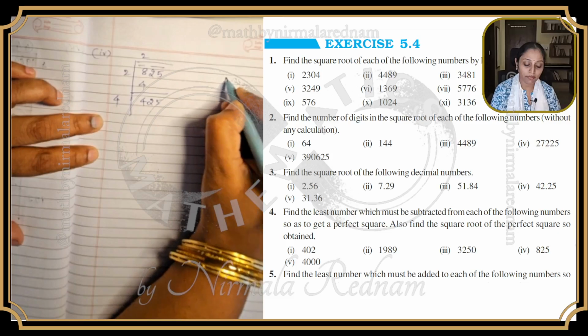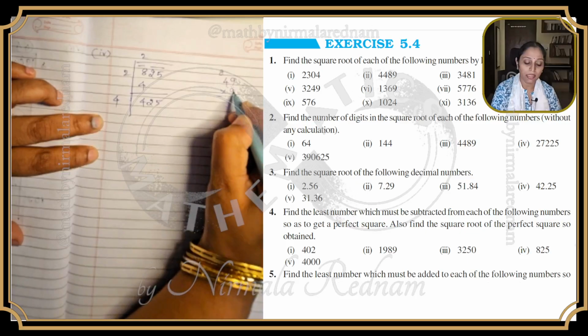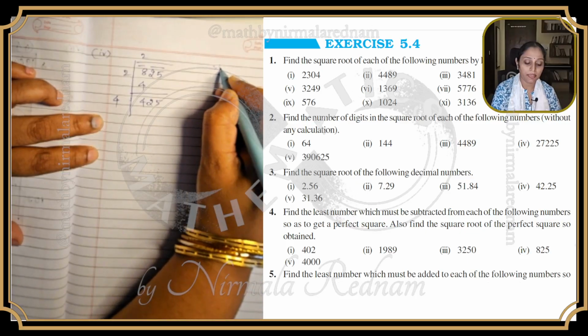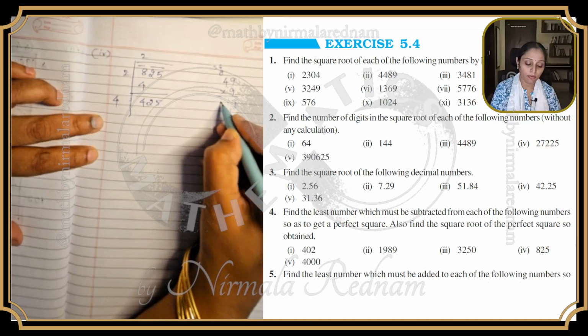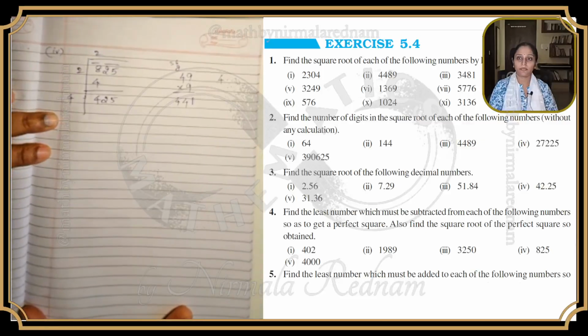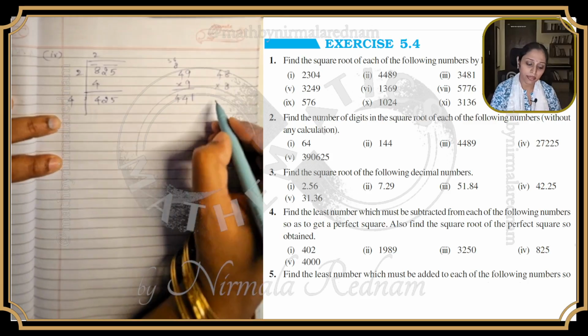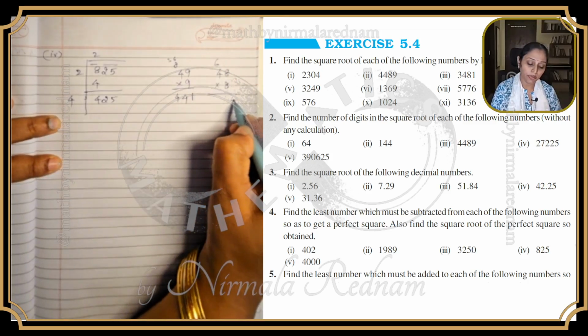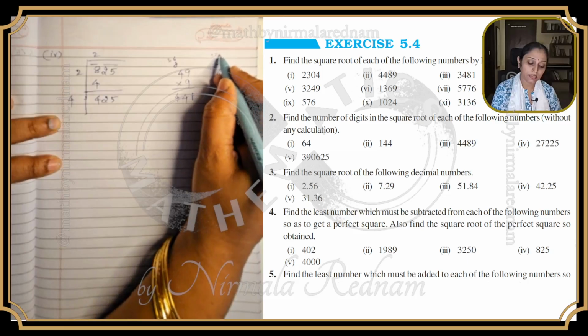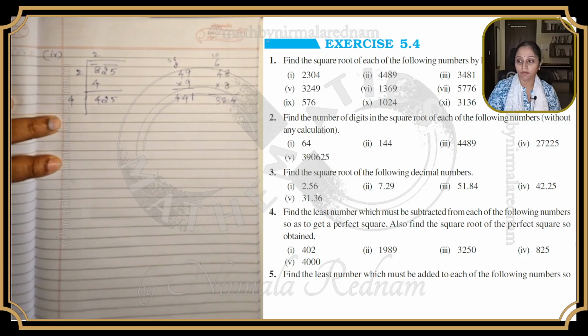I'm going to go straight away to 9 first. Let us see what we'll get here. 81, 36 plus 8 is 44. This is too big. Sorry, let me check 8. So this is 64, 32 plus 6 is 38. So 384 is going to work for me.